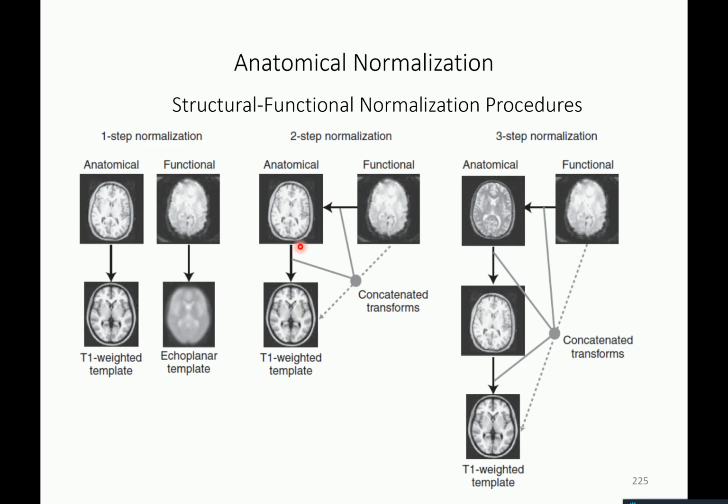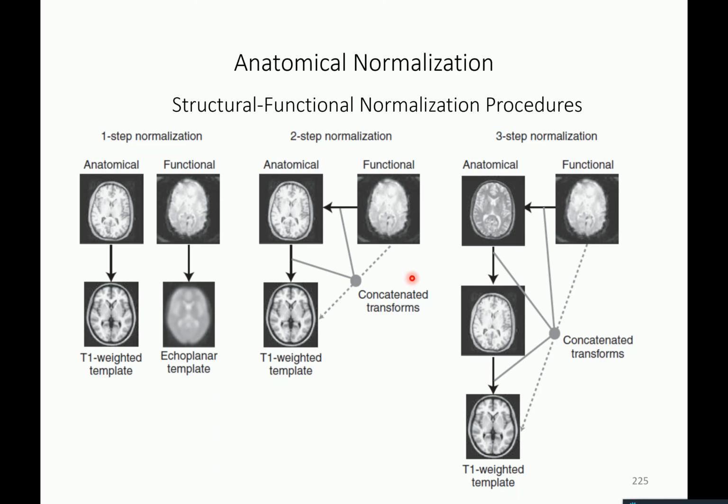The reasoning here is that there's more information in the anatomical data, so that this morphing is done better if you do it based on the T1 anatomical data rather than on the EPI data, and then use the parameters that you estimate here to go from here to here to do the normalization of the functional data into MNI space.